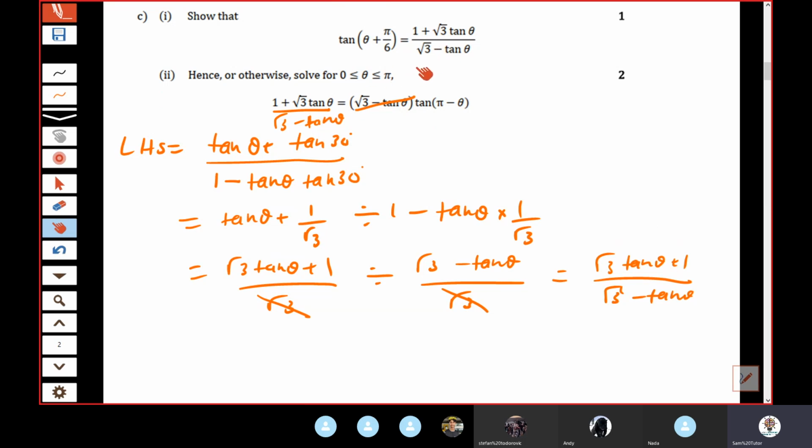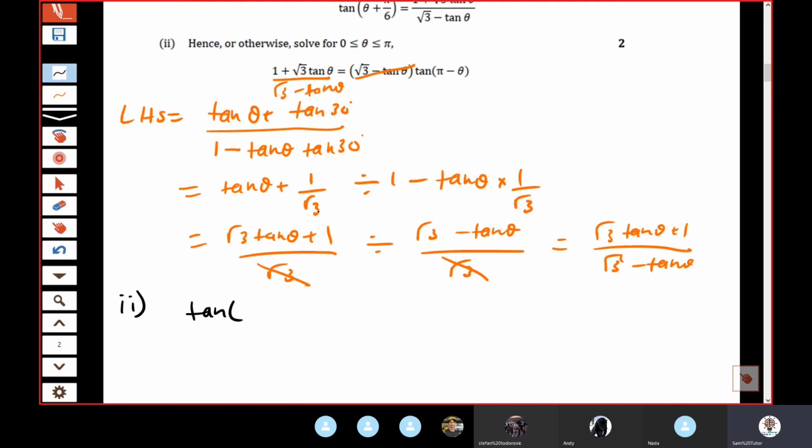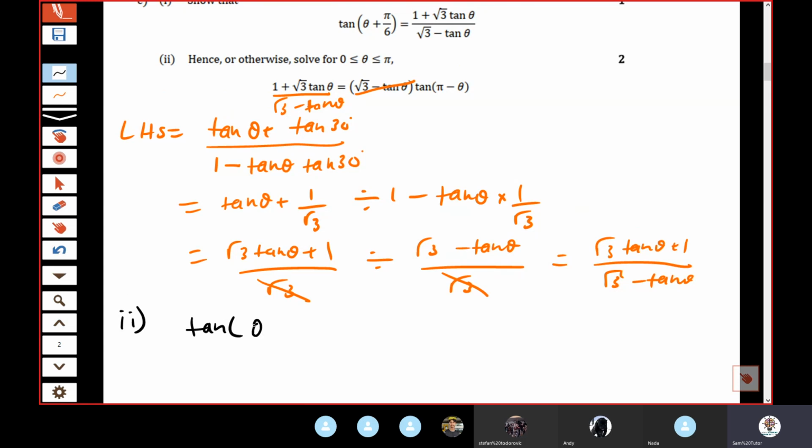It is A equals pi. No, hold on. Tan theta plus pi on 6 equals. That's the only conclusion you can make. The fact that these two are the same, you're going to say these two are the same. And that's the relationship you want. Tan theta plus pi on 6 equal to tan pi minus theta.